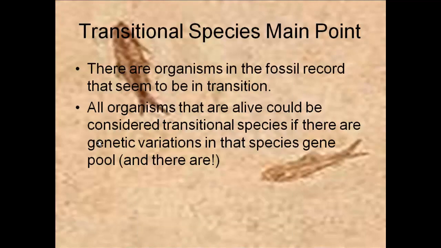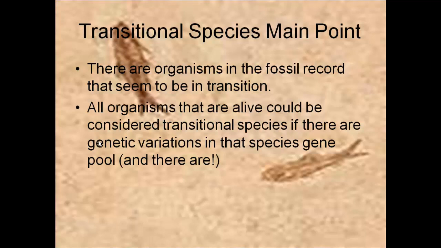All right. So the main point of transitional species is this. There are organisms in the fossil record that seem to be in transition. All organisms that are alive could be considered transitional species if there are genetic variations in that species' gene pool. So guess what? We're going to be a transitional species one day. They're going to be able to go into a graveyard or find a Homo sapien fossil millions and millions of years from now and say, oh, look at this strange skeleton.